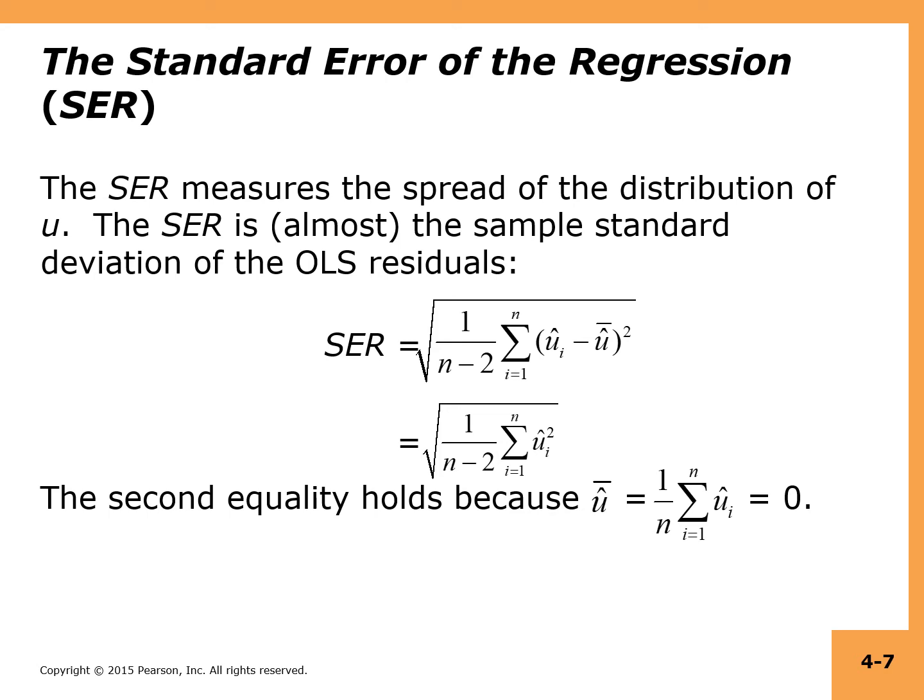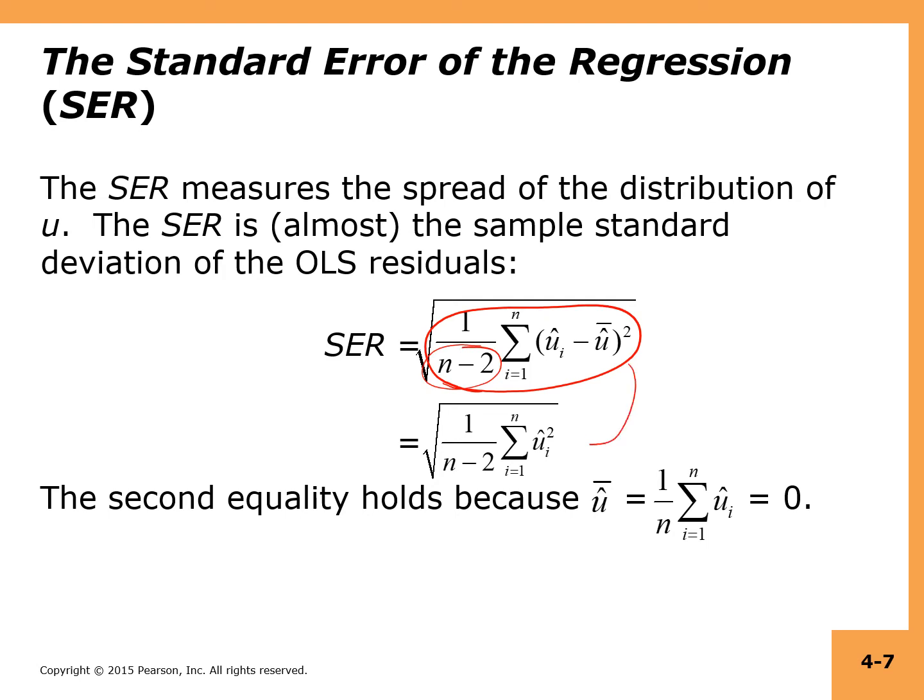If you look at the formula of SER, it almost looks like the sample standard deviation of OLS residual. So this part inside the square root looks like a variance of OLS residual, and then you're doing a square root. So it almost looks like a sample standard deviation, except you're dividing by n-2.